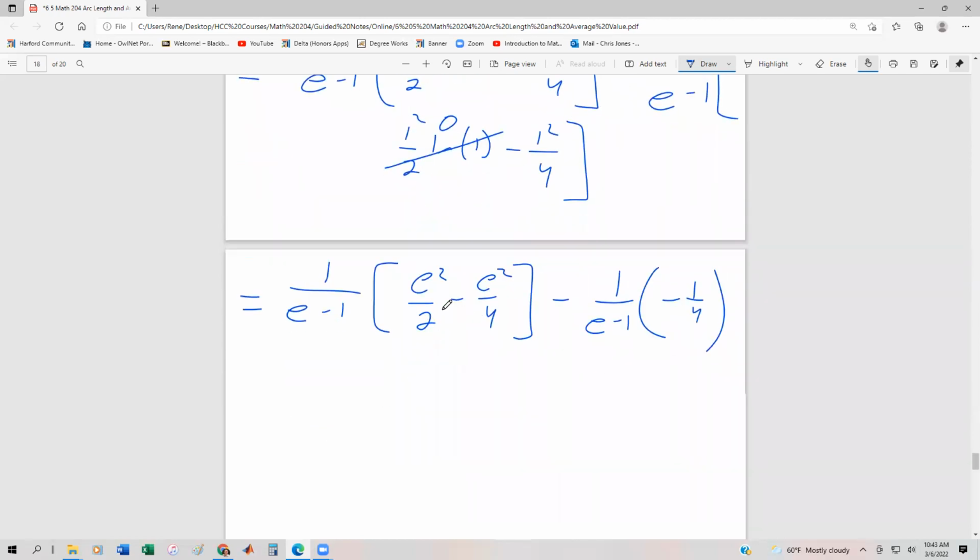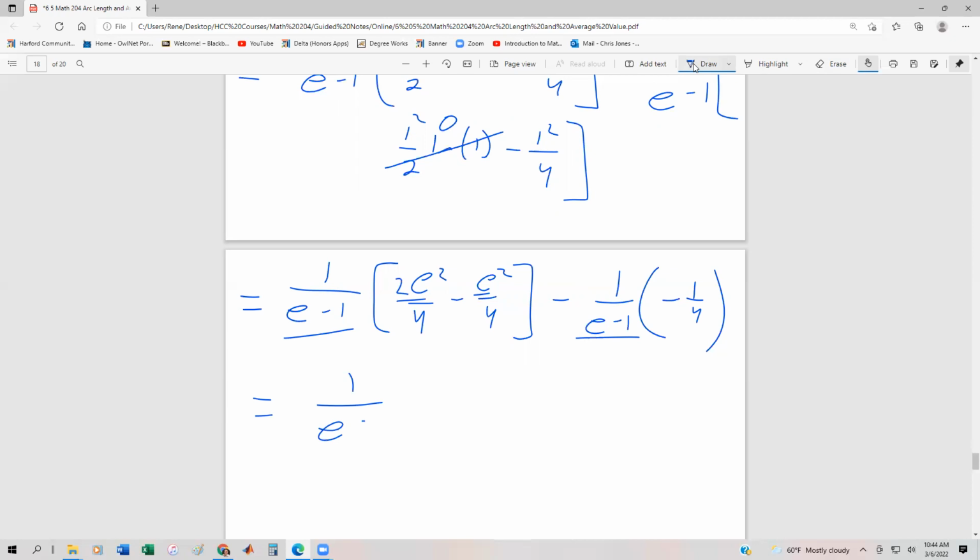We know that this is going to turn into e squared over 4 if we get a common denominator. So I think you can clearly see that this is going to turn into 2 over 4 if we get a common denominator. And we have 2e squared minus 1e squared, which is 1e squared. And we could factor out this 1 over e minus 1.